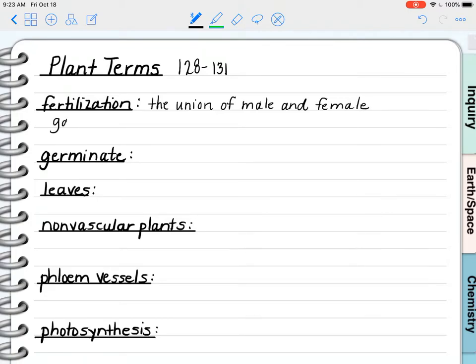I don't think I gave you this term, but this would be the sex cells, male and female sex cells. So let me just put that in parentheses. So for plants or animals to reproduce, there must be fertilization, the union of the male and female parent gametes.